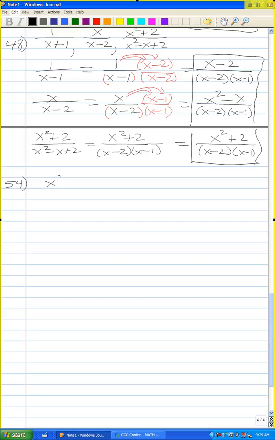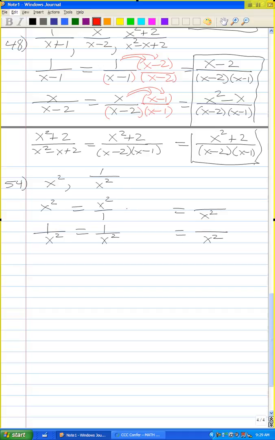x squared, 1 over x squared. And so I have here x squared, 1 over x squared. Let me rewrite this as x squared over 1. Well, the least common denominator is going to be x squared.